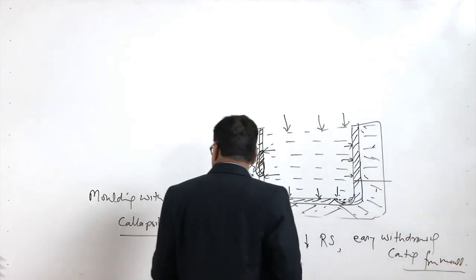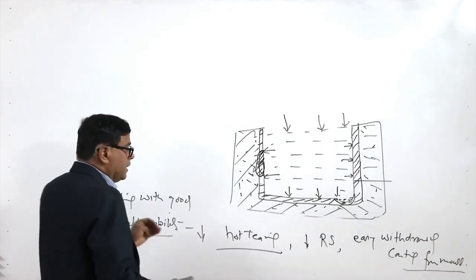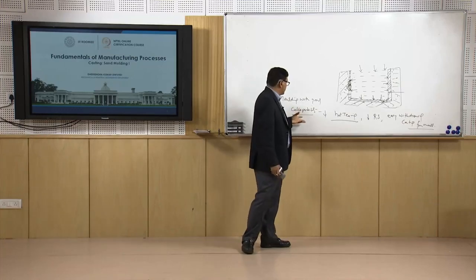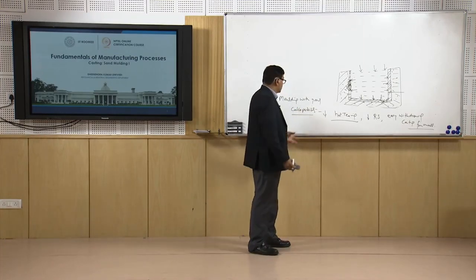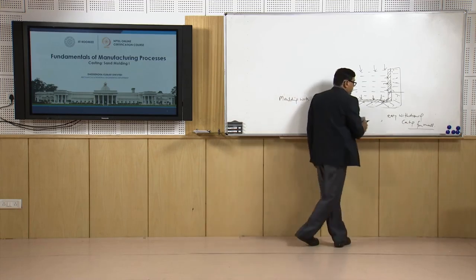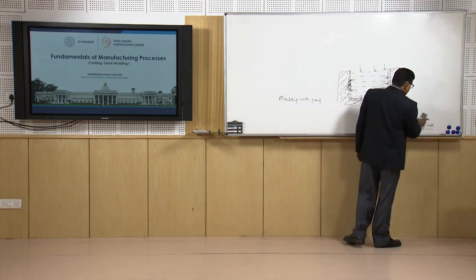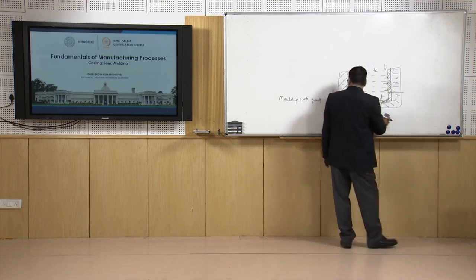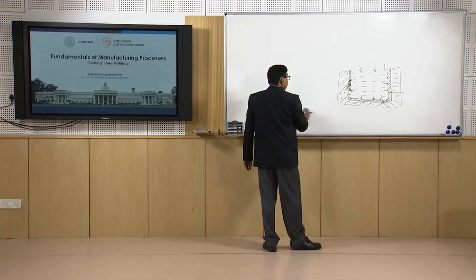This is what is facilitated when the collapsibility is good. Sometimes sawdust is added in the molding sand, so that it becomes collapsible, because the sawdust will be burned out at high temperature as soon as it comes in contact with the hot molten metal.